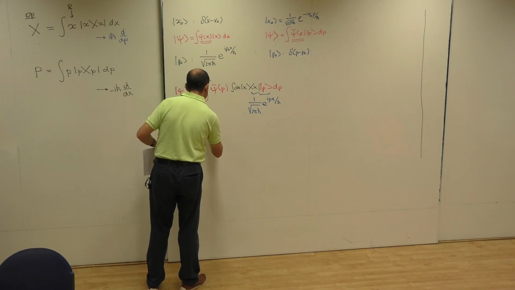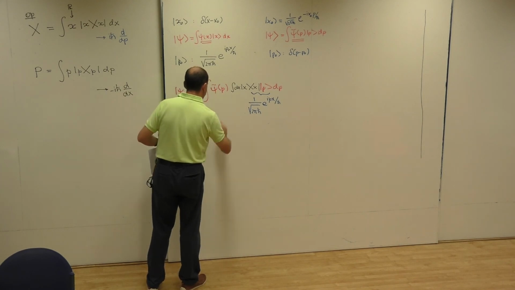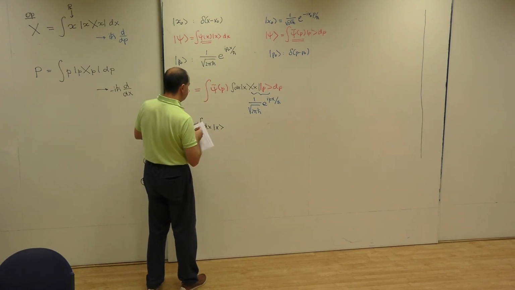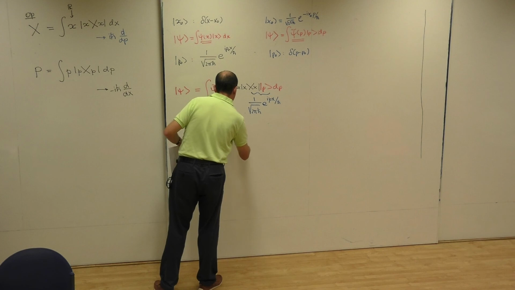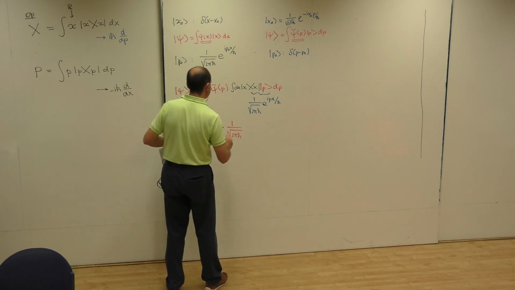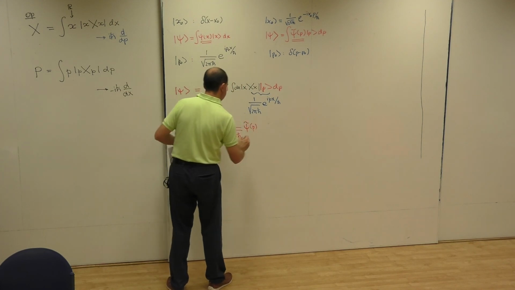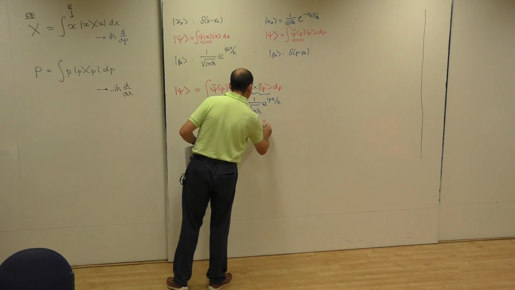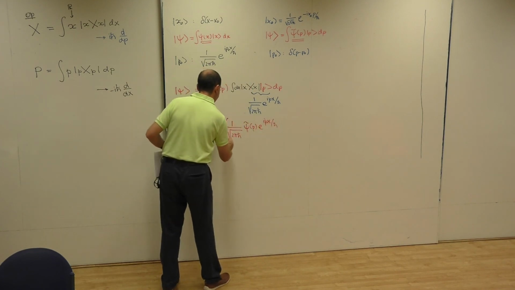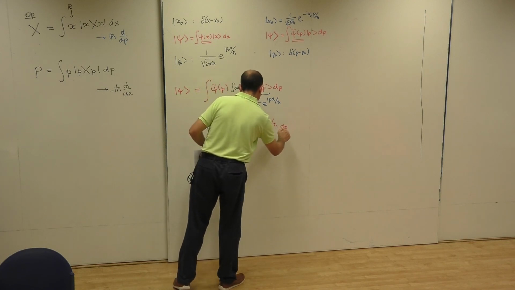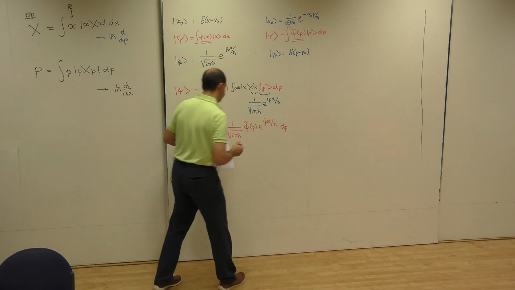Integral dx, and then I have a strange thing in there, which is 1 over square root of 2 pi h bar, psi tilde of p, e to the i px over h bar. And of course, I have forgotten integral dp.